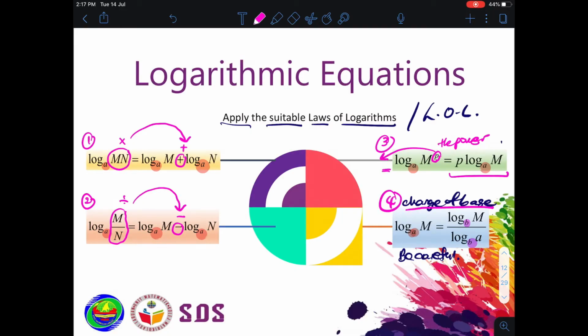Number 4 is the changing of base. How do I change the base? By replacing the base of a with the base of b for both the numerator part and the denominator part.